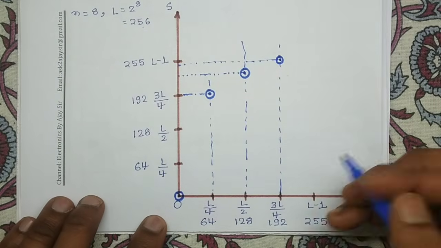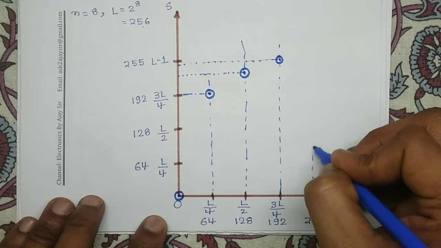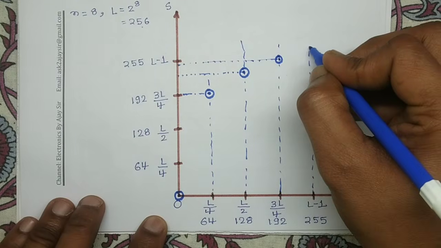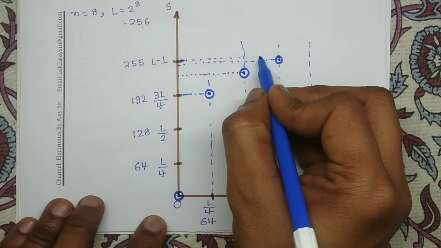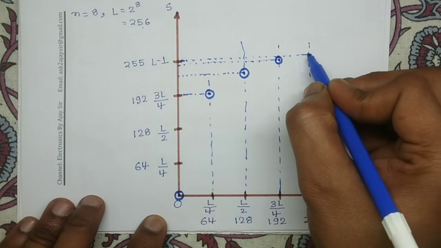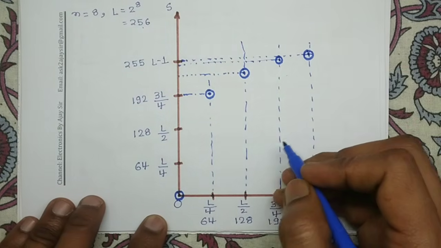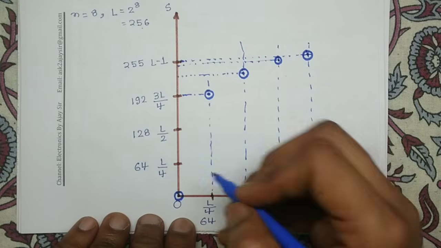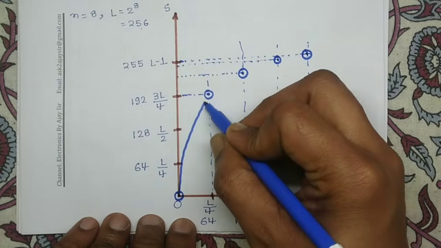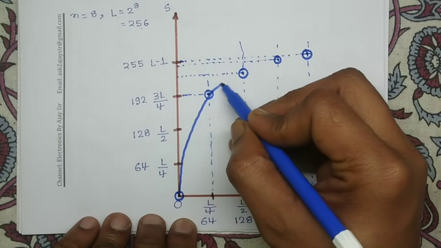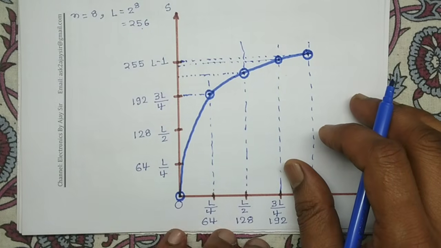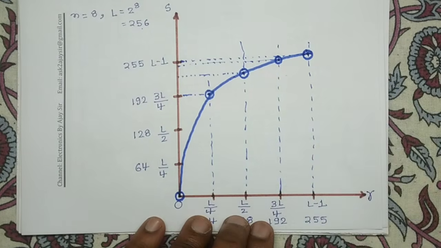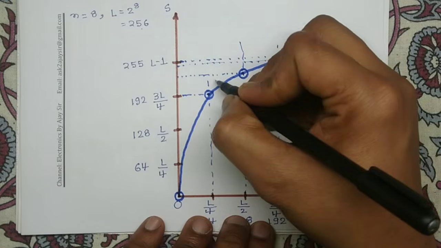So lastly, when R equals 255, S is also equal to 255, tentatively represent this point. Now we will connect all these points. And this curve, this is the curve of logarithmic transformation.